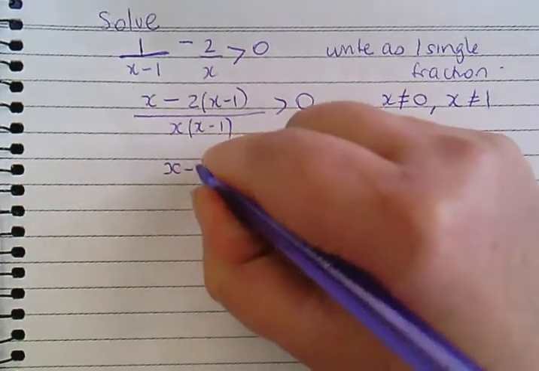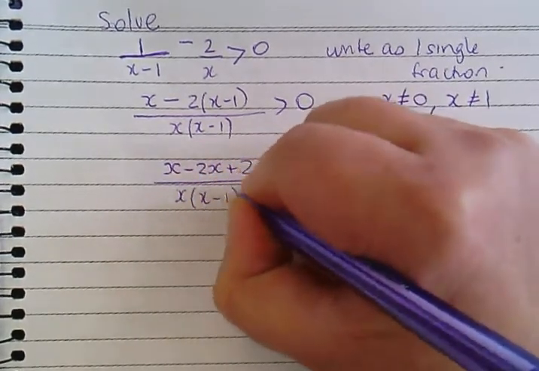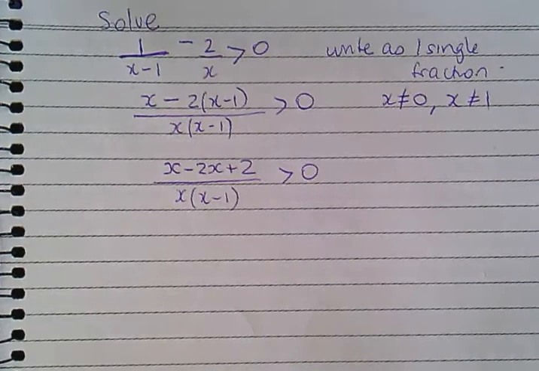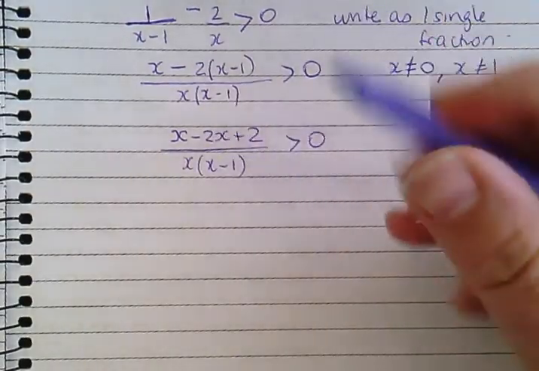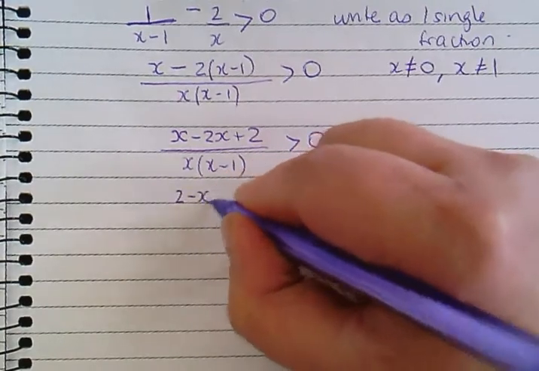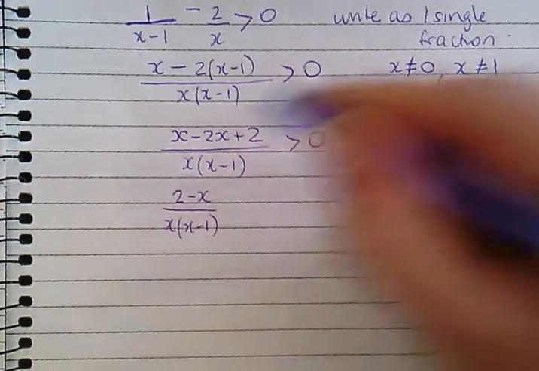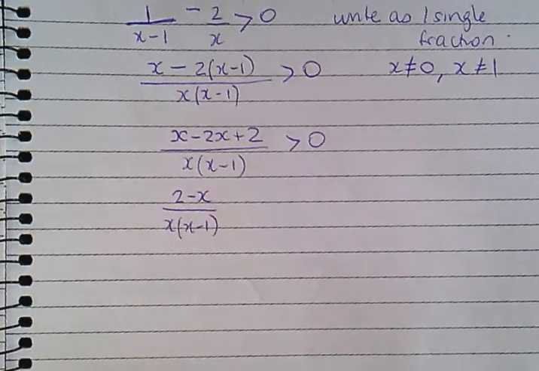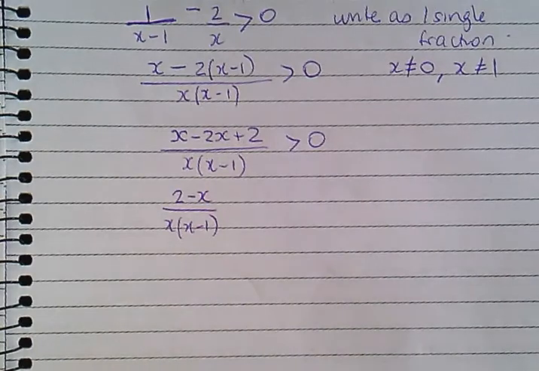What's that? (x − 2x + 2) over x(x − 1) is greater than 0. How else can you make that look a bit nicer? Isn't that just −x + 2? Or it's (2 − x) over x(x − 1). We okay with that? x − 2x is −x, plus 2, is 2 − x. Better to write the positive term first. Instead of writing −x + 2, let's write 2 − x.